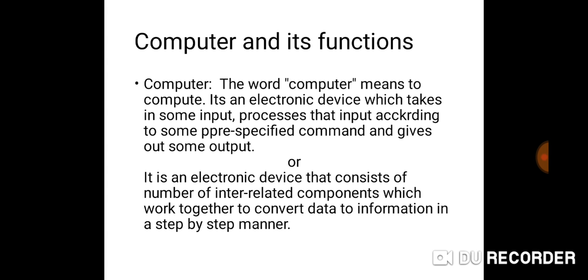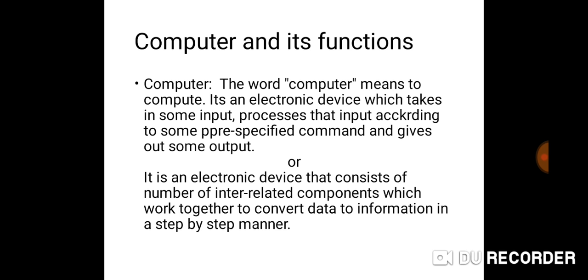That is, what type of instructions we have given to the system, and under those specific instructions this data is being processed, and after processing it gives us the result, or we can say it gives us the information, as we call it, output.